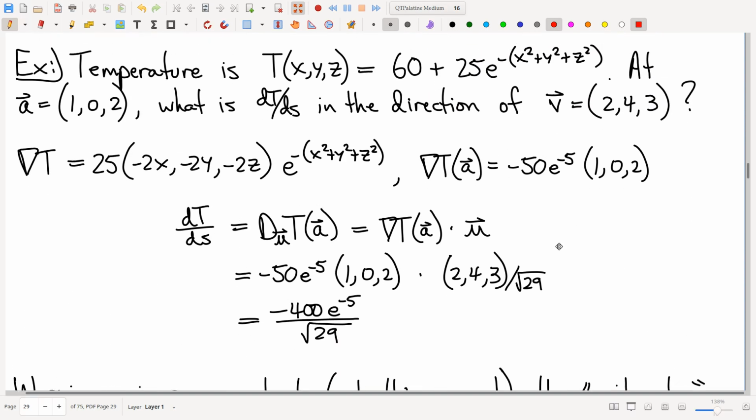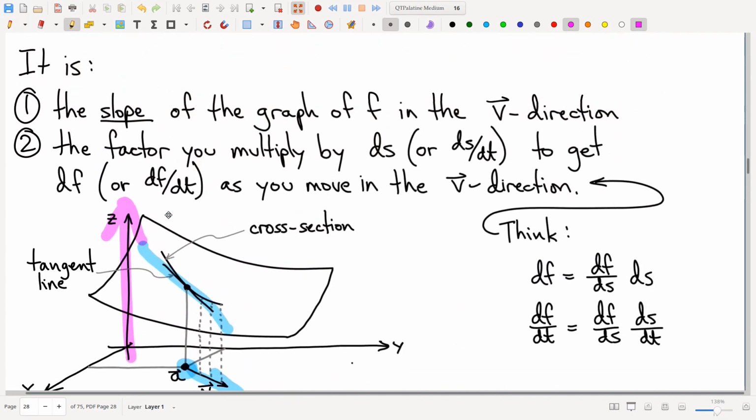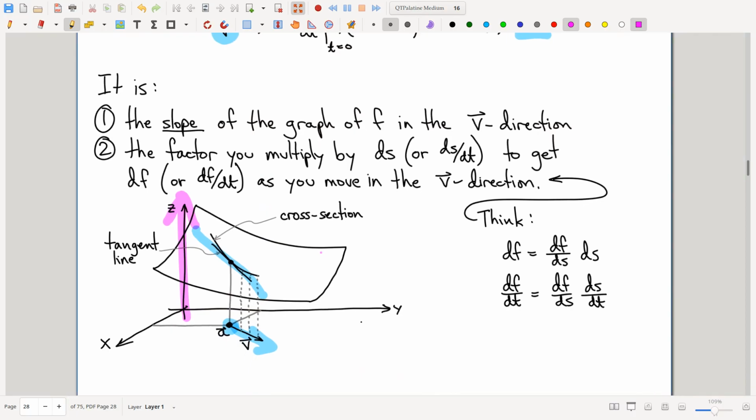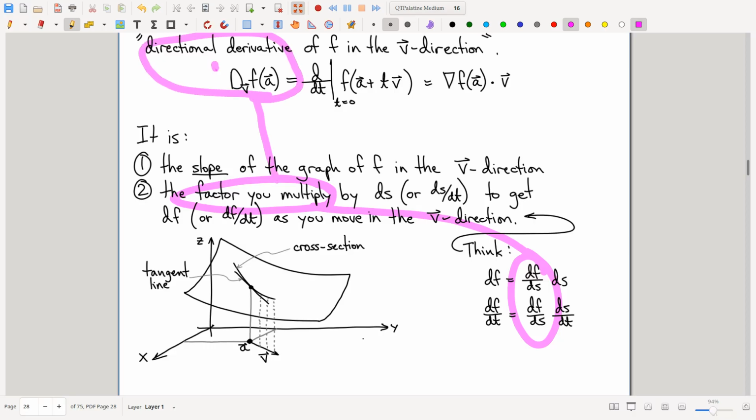This next example is very plug and chug. Let me just hit the highlights and do something more interesting. So notice the question, various givens, and it asks for dT/ds. It asks for rate of change with respect to distance. And remember from the previous page, rate of change with respect to distance means the multiplicative factor that is the directional derivative.